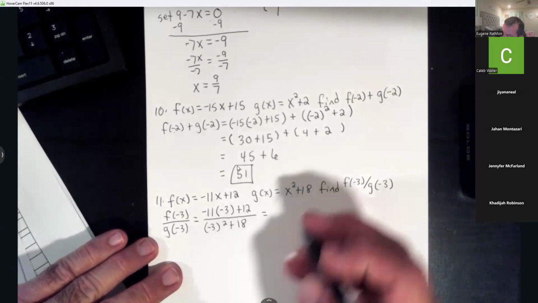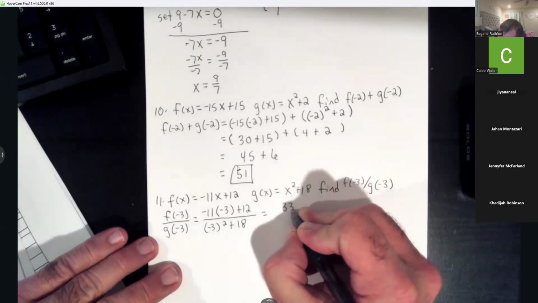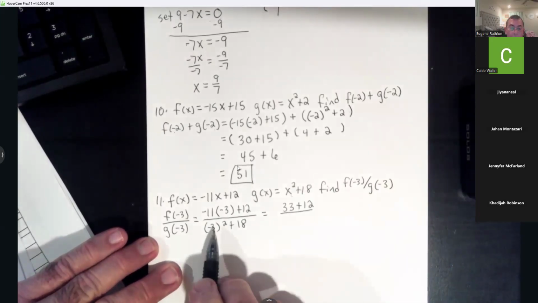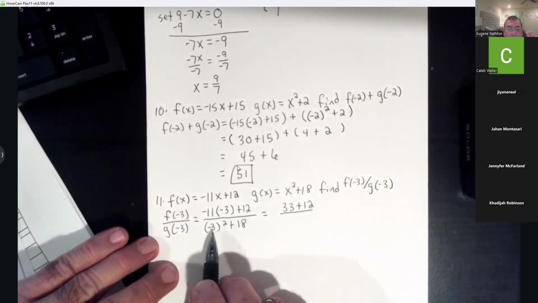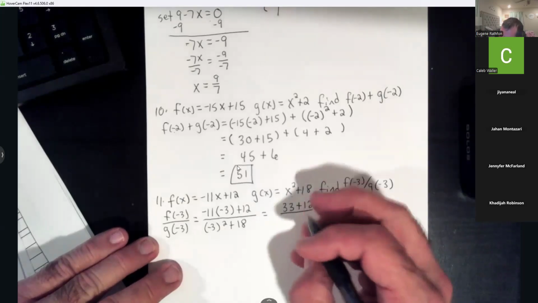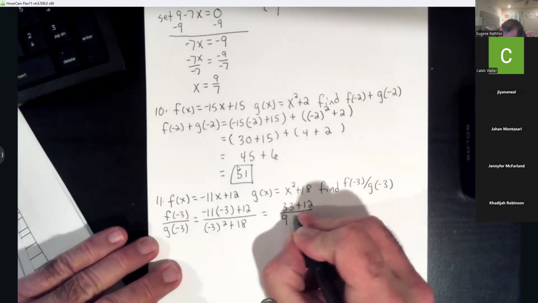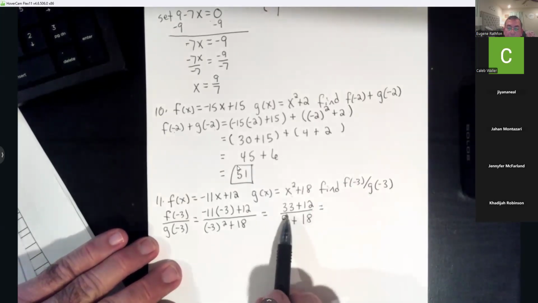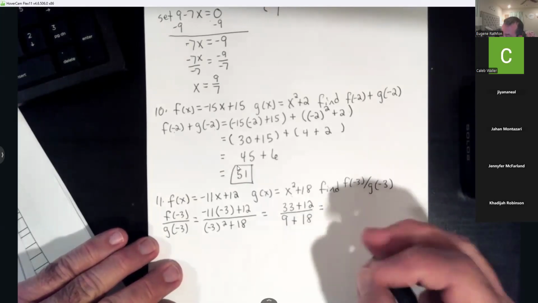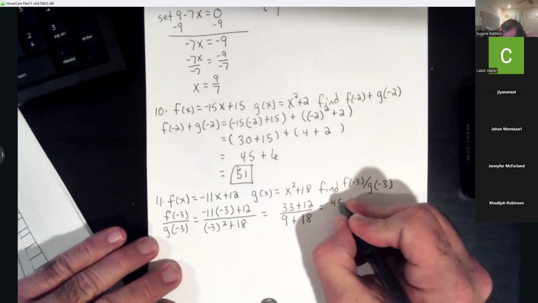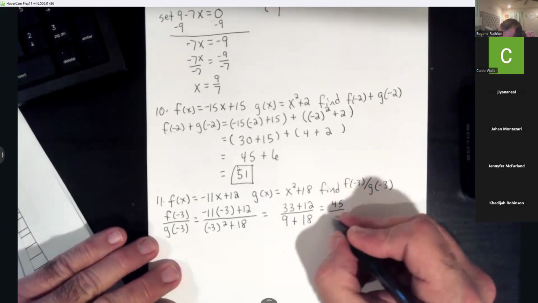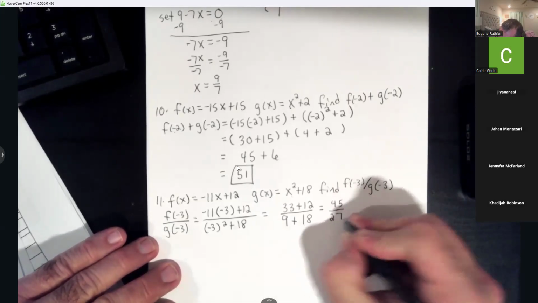Negative times negative makes that a positive 33 plus my 12. On the bottom, negative 3 squared is a positive 9 plus 18. All right, y'all, so let's see what I get. 33 and 12 give me 45 on top. 9 and 18 give me 27 on the bottom.